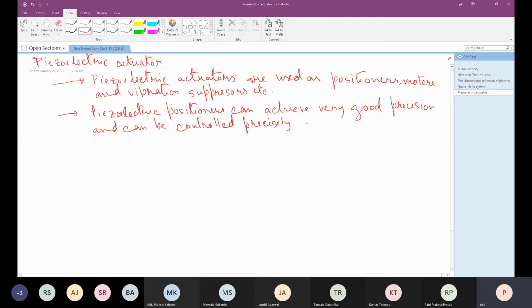so of the order of, say, a fraction of a micrometer, 0.1 micrometer or so.